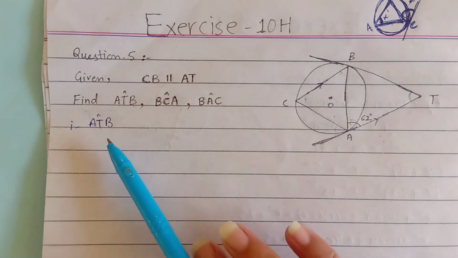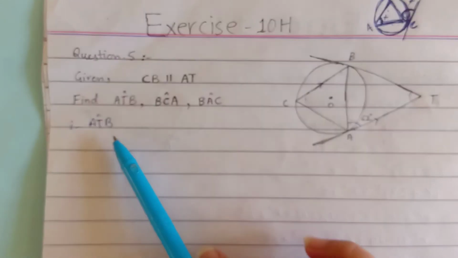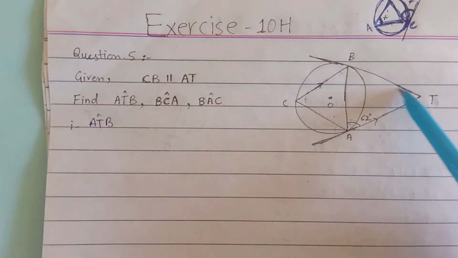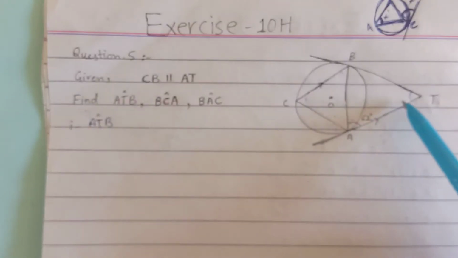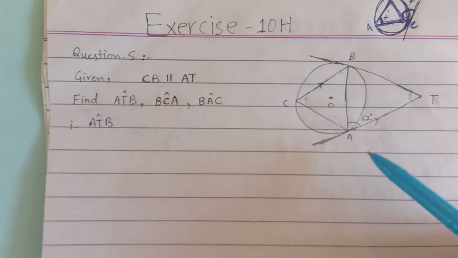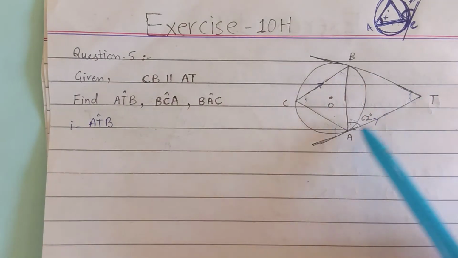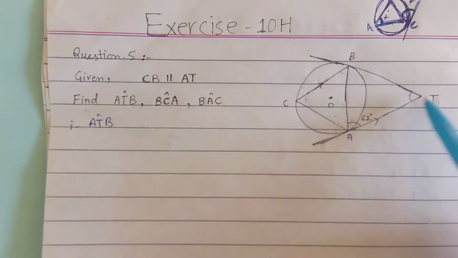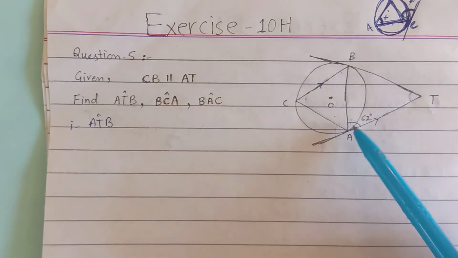So let's start with the first angle, that is the angle ATB, the angle formed between these two tangent lines at point T. As you can see clearly, as TB and TA are equal, this triangle formed here is an isosceles triangle, the triangle ATB, right?